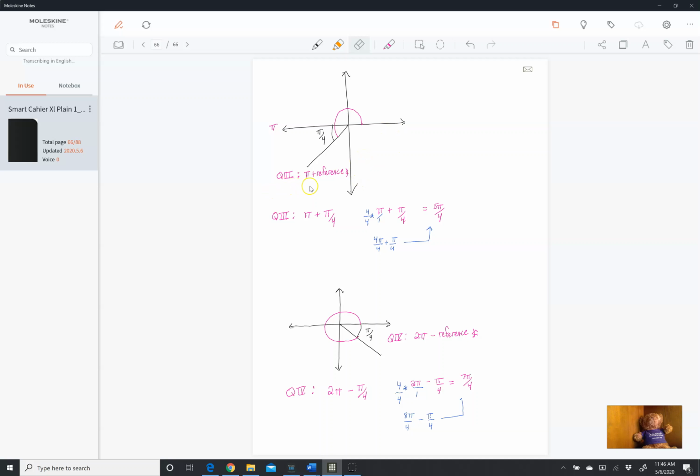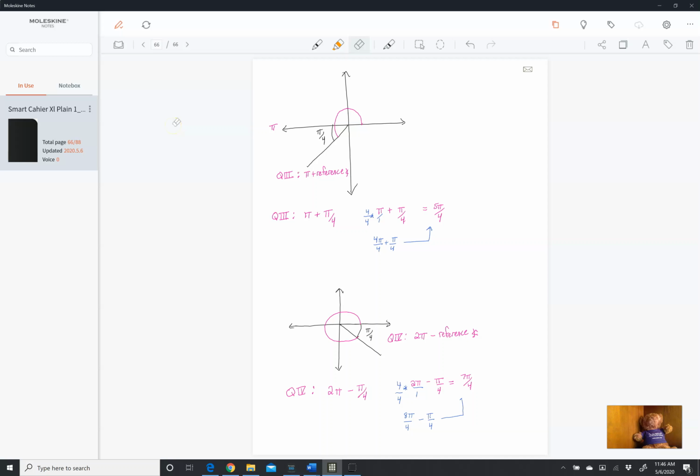In quadrant 3, we would do pi plus our reference angle because we're going pi and then plus the extra piece. And in quadrant 4, we would go 2 pi and then subtract that reference angle. So we're not going quite all the way around the circle. We're going all the way around the circle minus the reference angle. Okay, and what does that mean for the other two?